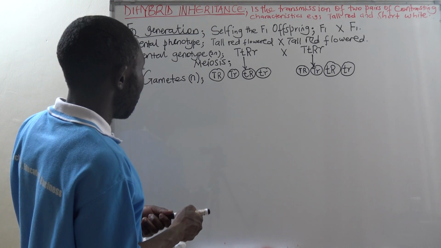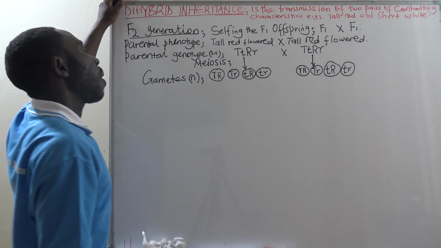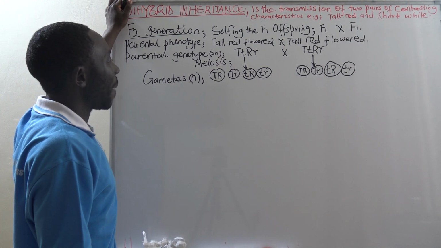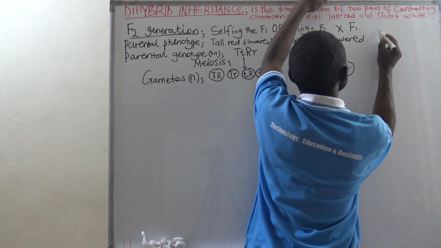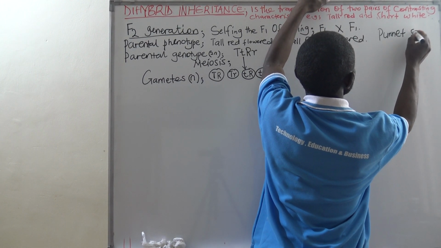Since the gametes are many, we are going to use a Punnet square to carry out our crosses.